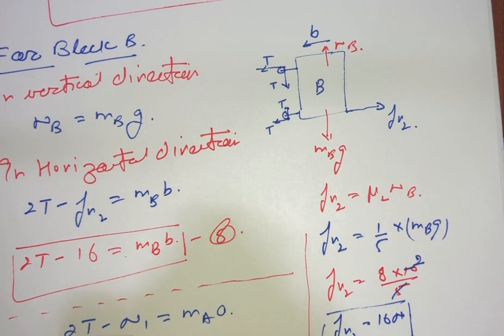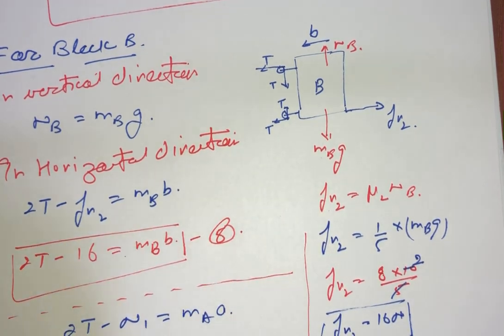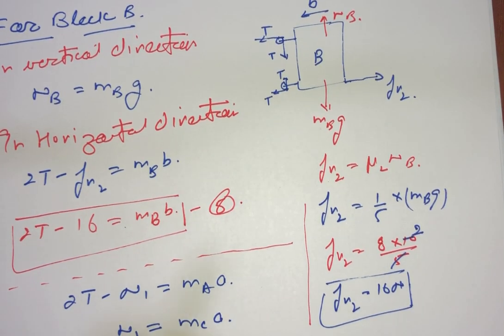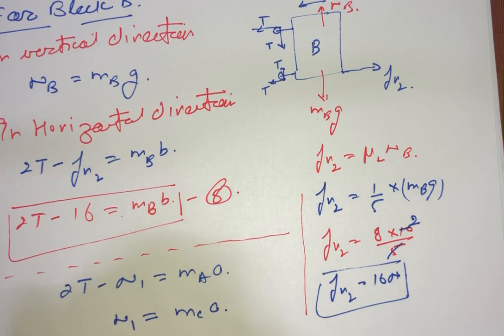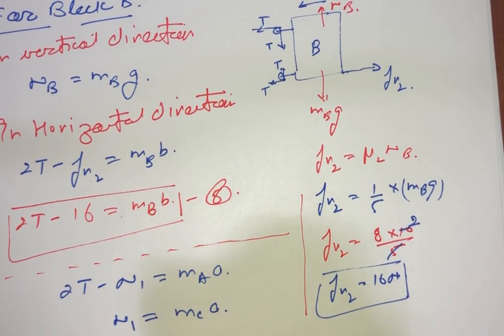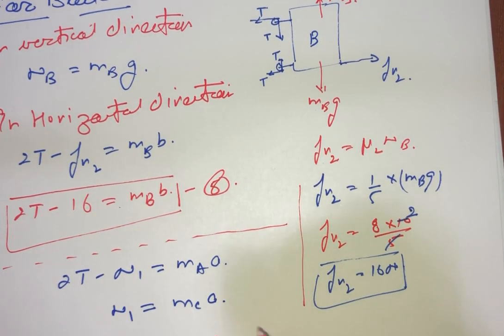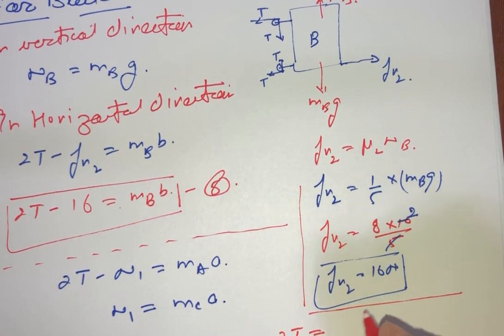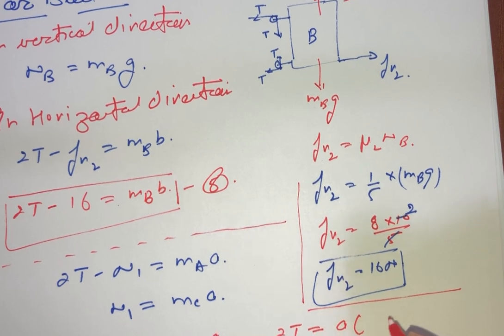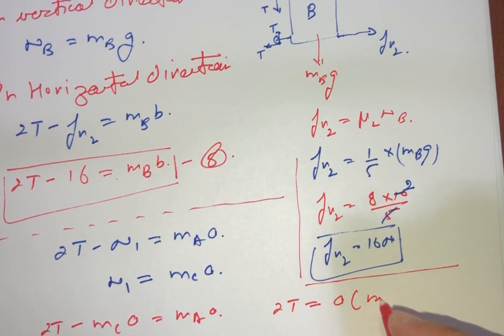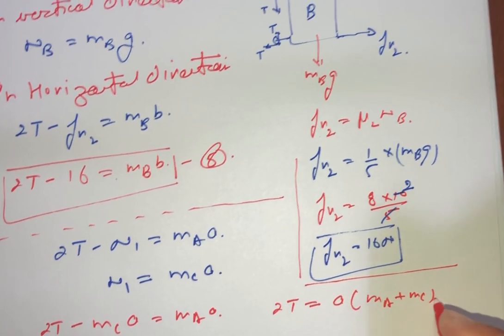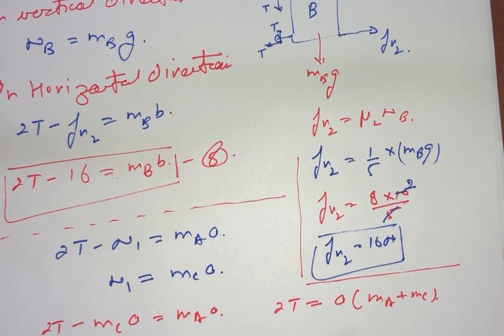We substitute the value of N1 in this equation, we get 2T minus mC a is equal to mA a, and this can be further solved as 2T is equal to, taking a as common, (mA plus mC) a.